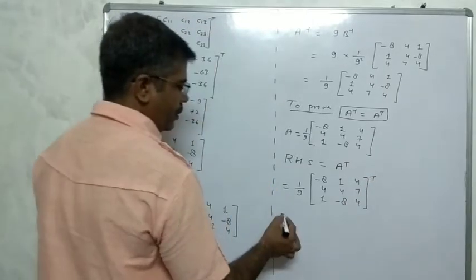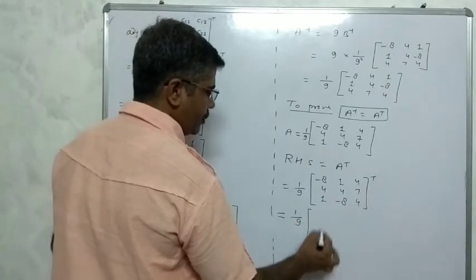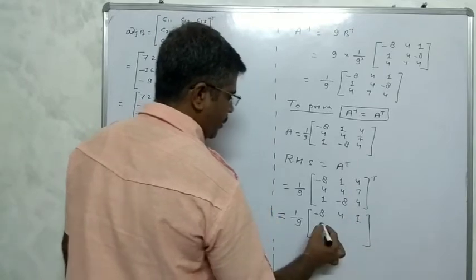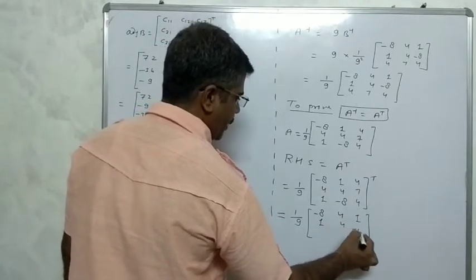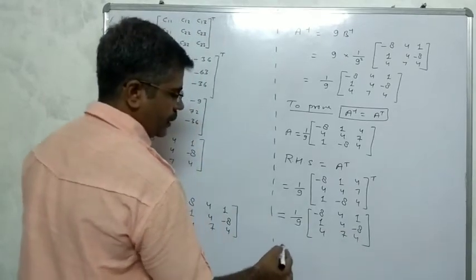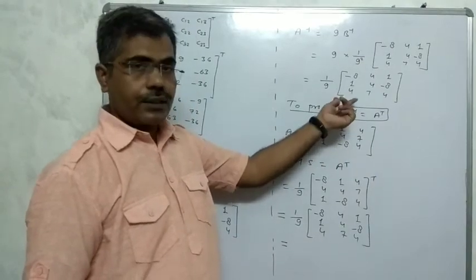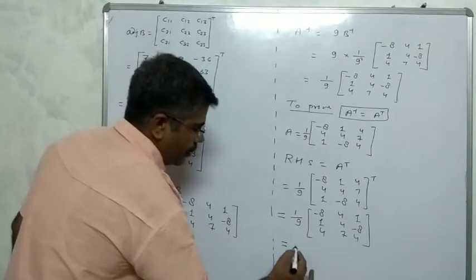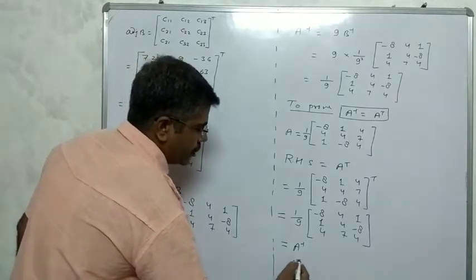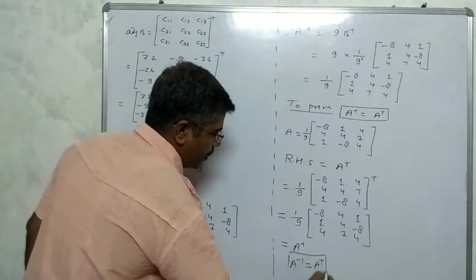On transpose, 1 upon 9 into minus 8, 1, 4, 4, 4, 7, 1, minus 8, 4. It is equal to this, so we write A inverse. Hence proved, A inverse equals to transpose of A.